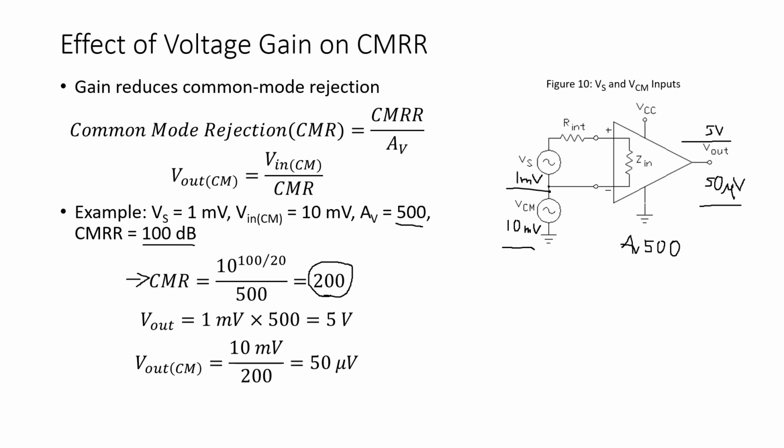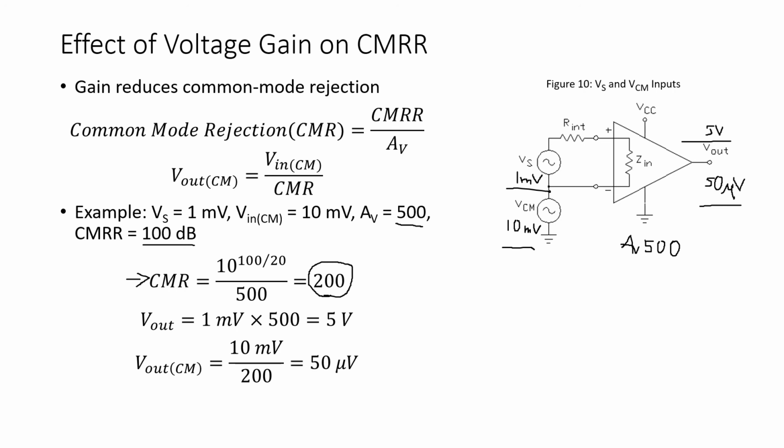So the gain of the amplifier actually reduces the common mode rejection capability of the amplifier. If we amplify both Vs and VCM, then VCM will not be reduced by the value of CMRR.